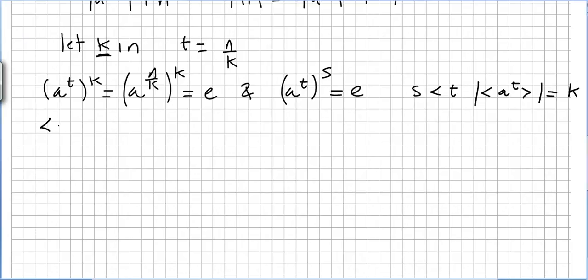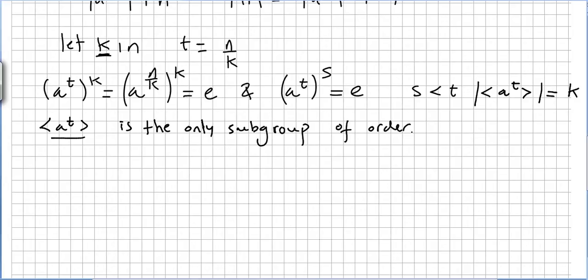Okay, now I want to get to the conclusion that the group generated by A to the power of T is the only subgroup of order K. We already proved that there is one, but we have to prove that it's the only one, okay?